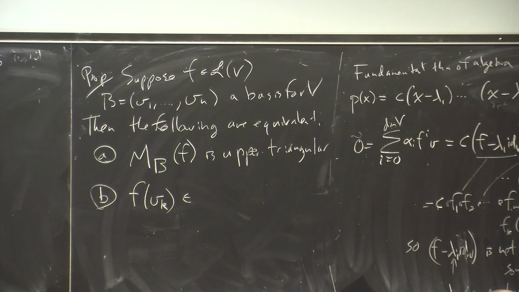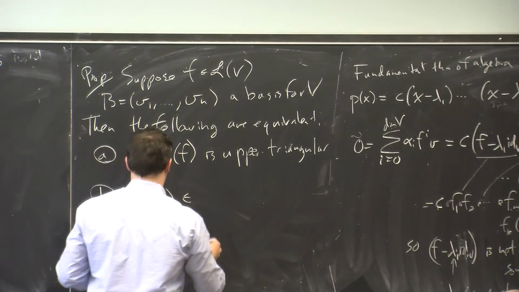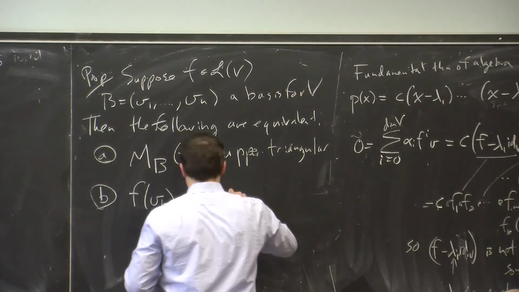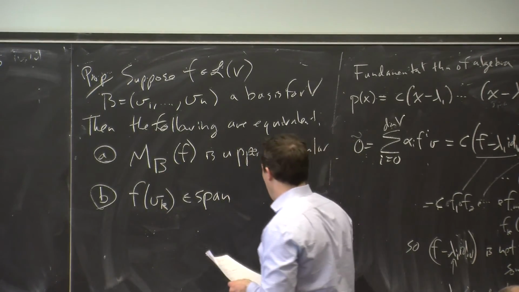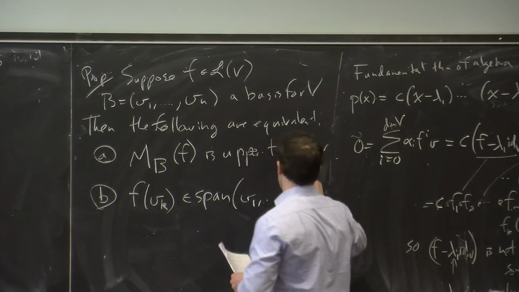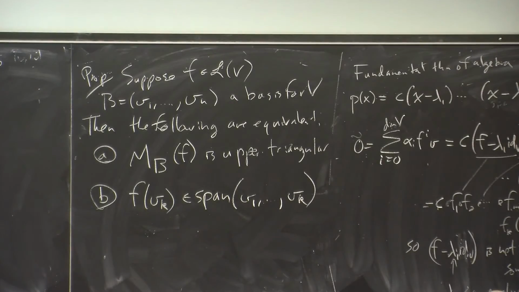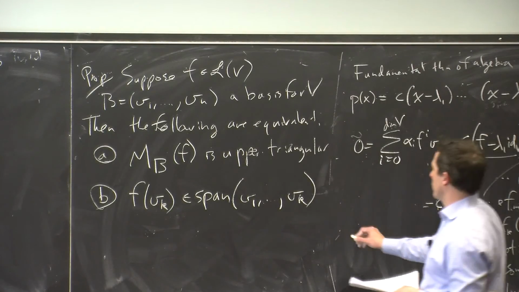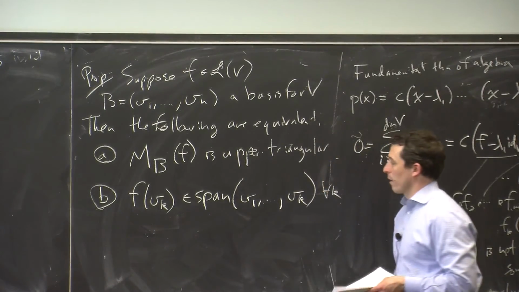So for each input, these are the coefficients of the output, and they all have to lie above the diagonal, inclusive. Another way of saying that is that F of vk is in the span of v1 up to vk inclusive, for each k, k equals 1 up to the dimension.